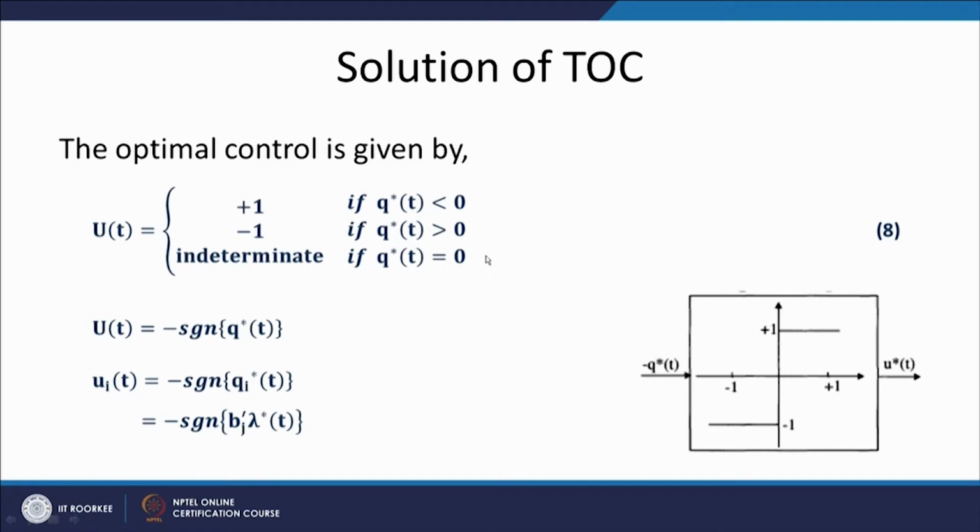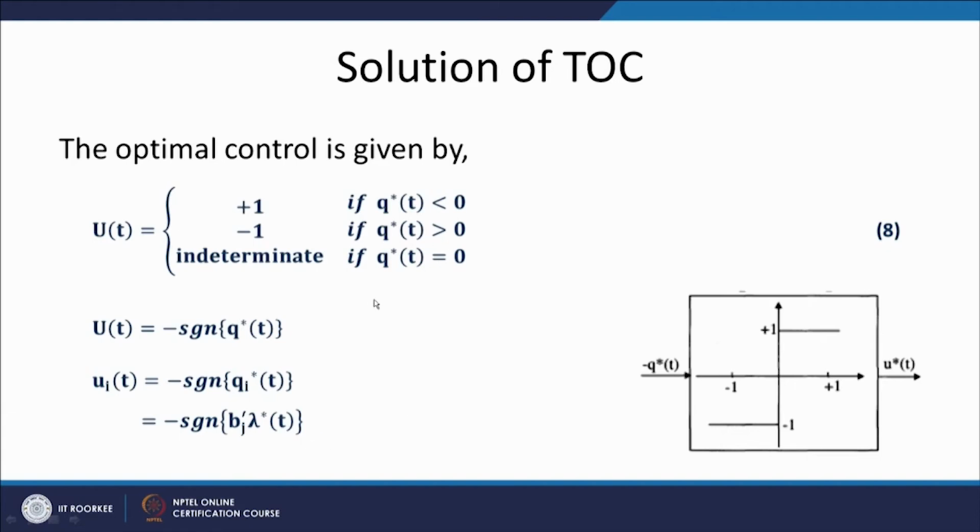But what if qt becomes 0? Then my u is undetermined, and this logic we can represent by this on off logic as given here, with minus qt as the output and ut as the input. So, this switching function will decide the value of u, and u will switch between plus 1 and minus 1. Due to this switching, my time optimal control is also known as the bang bang control.